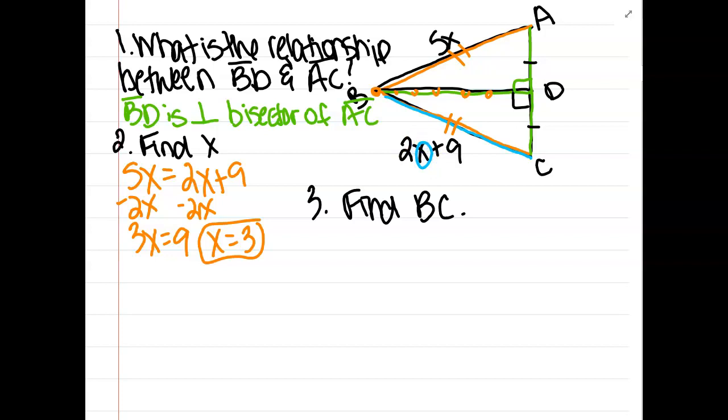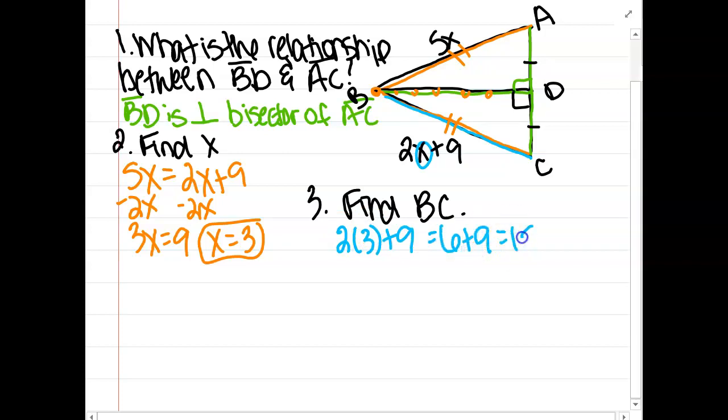Plug in. We know what x is. X is 3. So we take 2 times 3 plus 9, which would be 6 plus 9, which would be 15. I'm not going to ask you this, but I'm going to write it down. What if I asked you, what's AB? 15. Right, same thing, because they're congruent. Okay. Questions on those first ones?